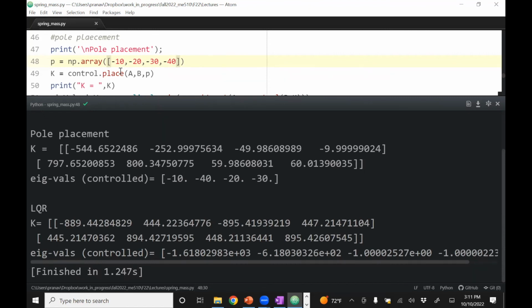Yeah, I think you can fix it, because here's the example: I put -10, -20, -30, -40, and I get gains and I get this. So clearly I have to do more work with respect to the scaling, because this is saying it's possible.